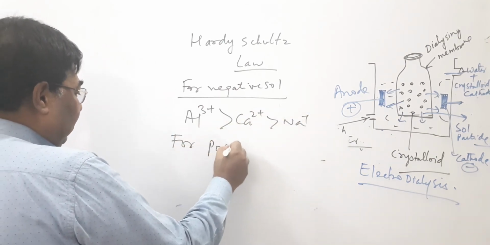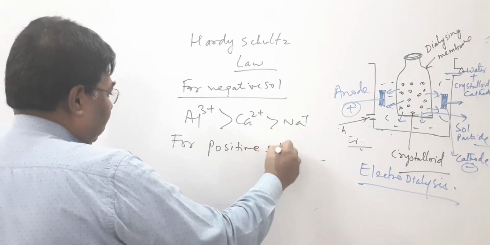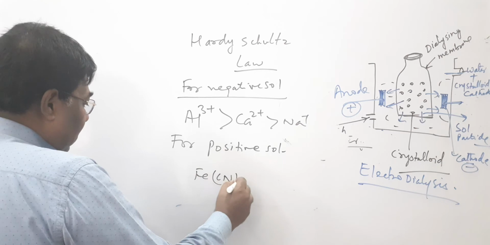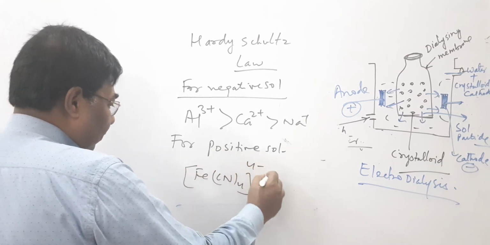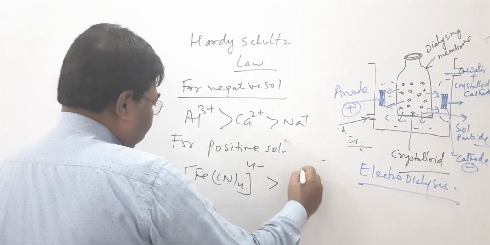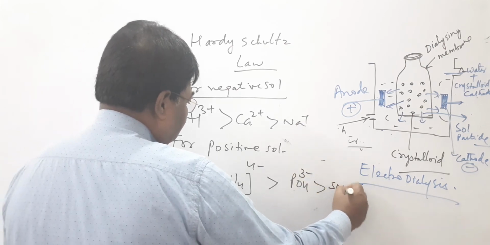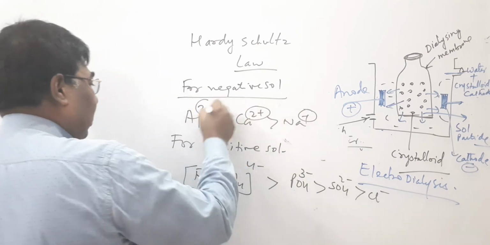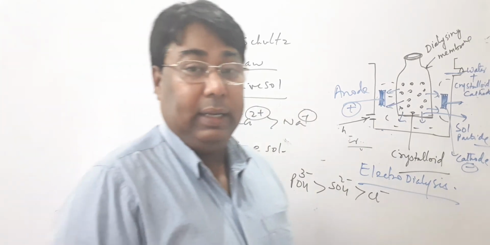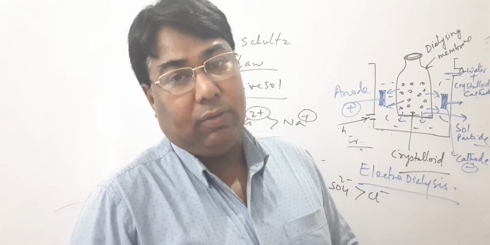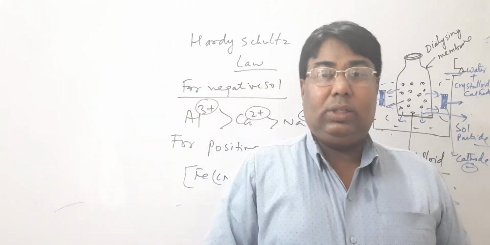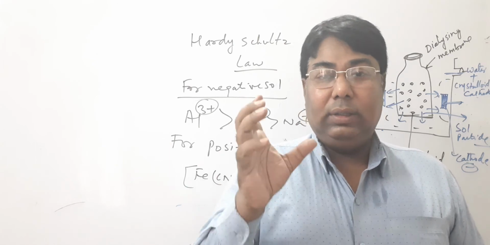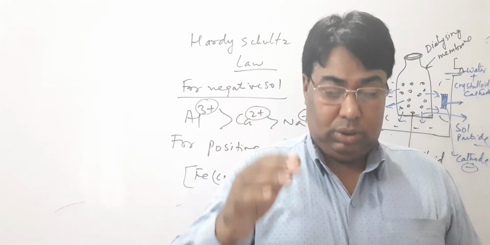For positive sol, the power of coagulation follows in the corresponding manner. The higher the valency, the greater will be the power of coagulation. The greater the valence of coagulating or flocculating ions, the higher will be the coagulation power. This is known as the Hardy-Schulze law.